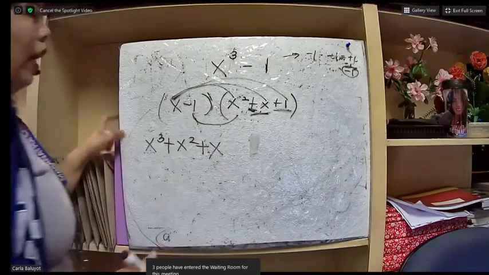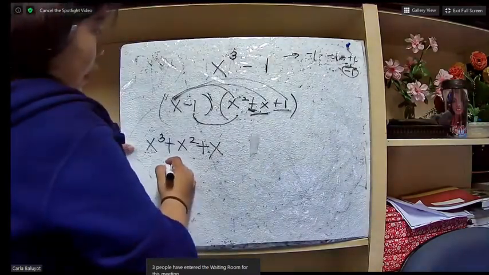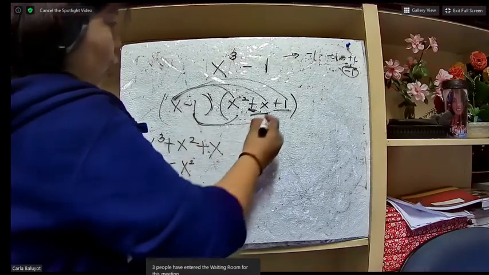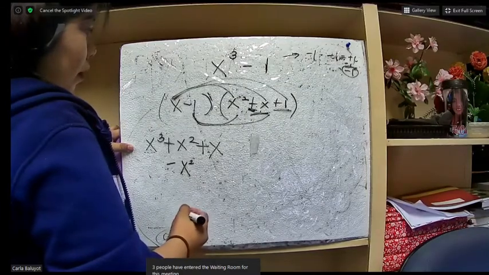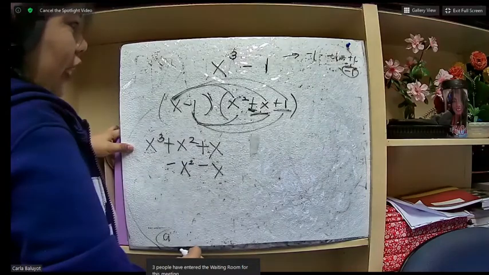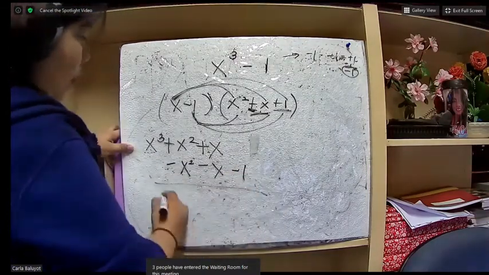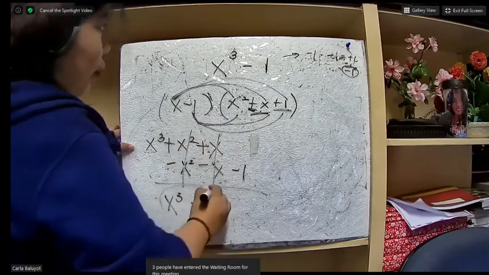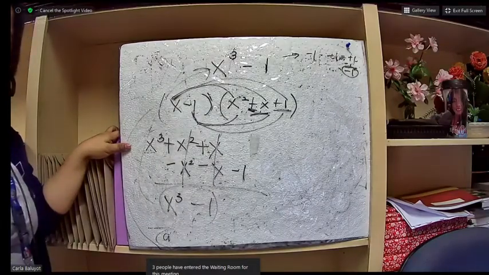Next, negative 1 times x squared is negative x. Ba't yung iba hindi sumasagot? Negative 1 times x is negative x. Negative 1 times positive 1 is negative 1. Okay, so let's have here x cubed, cancel, cancel, negative 1. Tama po ba? Okay, tama po, 'di ba?